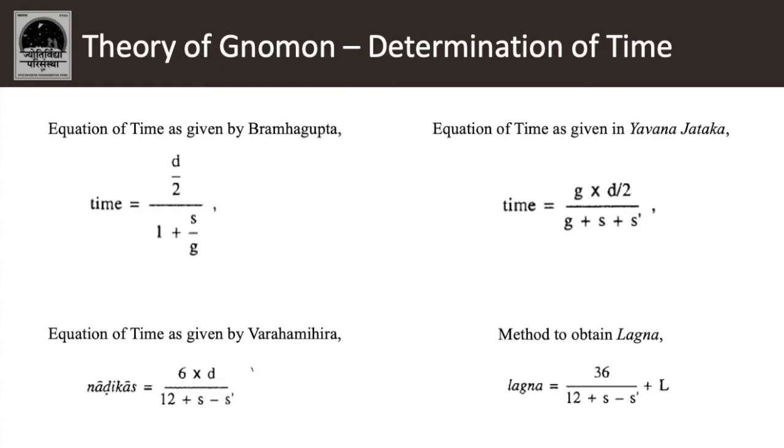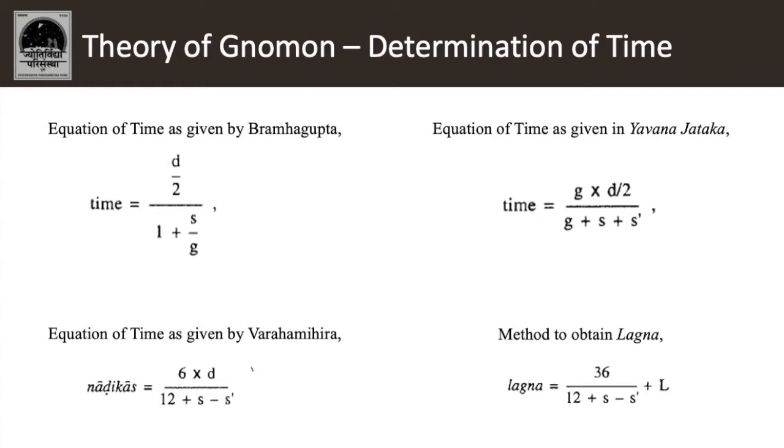Yavana Jataka was proposed by Spujidhwaja. And if you see the word Yavana, it is derived from the word Ionian, which is actually Greek. So Yavana Jataka is actually a translation of Greek astronomy into Sanskrit. And this formula is given in Yavana Jataka. Now if you see, you have the gnomon length and the half day length in the numerator.